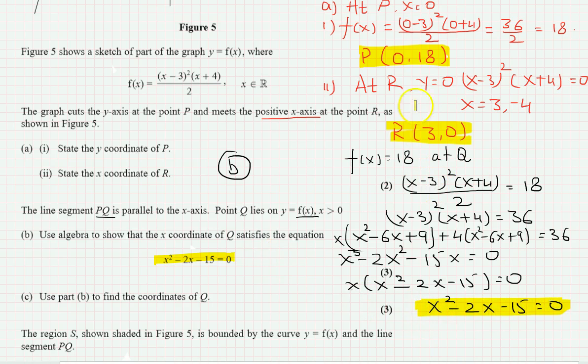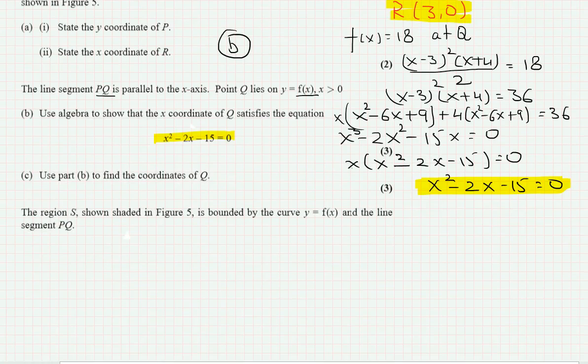The important part here is it's given that the lines are parallel. It means the y coordinate of Q is 18. Use part B to find the coordinate of Q. So we know the y coordinate, so it will be x squared minus 2x minus 15 is 0.